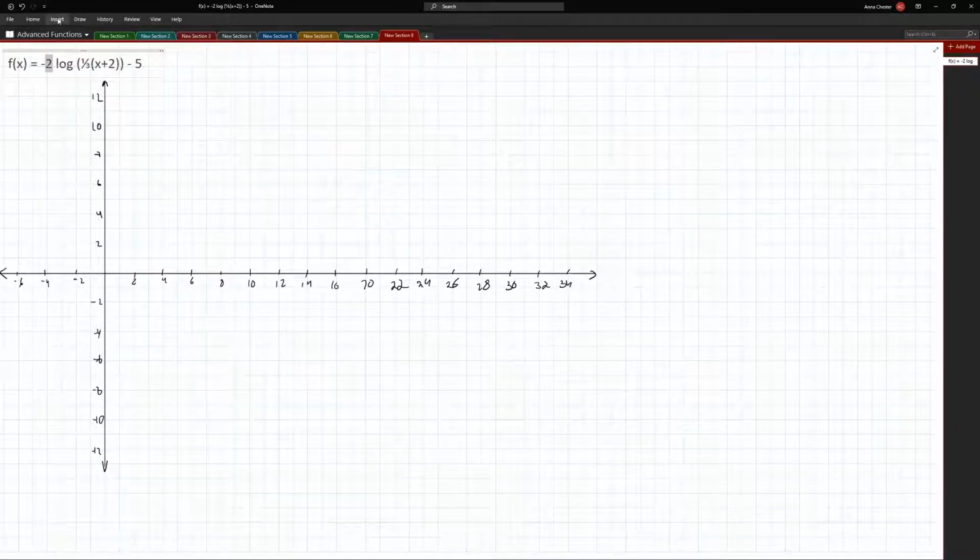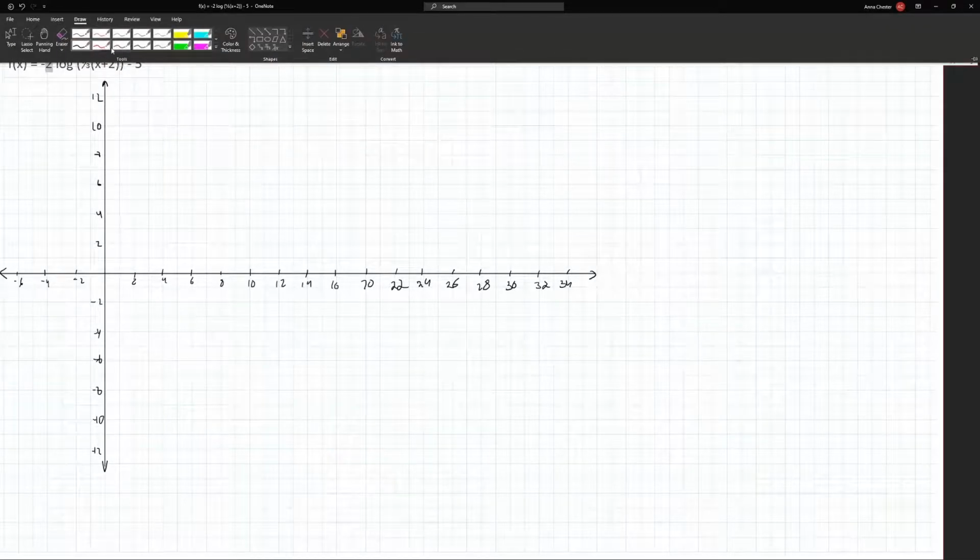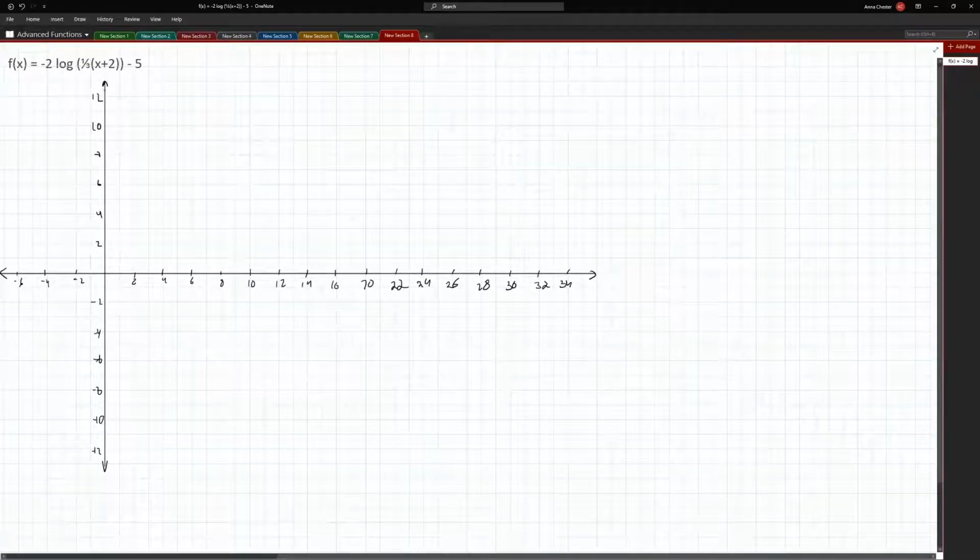So what I would like to do first is draw our base function. Our base function had an asymptote at x equals 0. There you go. And then our other points would be at (1, 0), (10, 1), and (0.1, -1), so really close to over here.